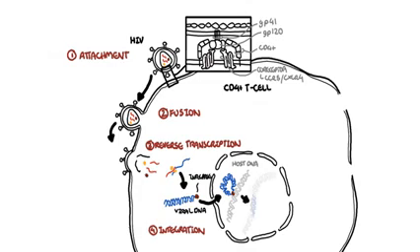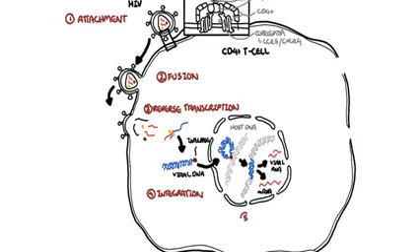The HIV virus is now part of the cell, essentially the CD4 T cell, and can use the cell's own machinery to create more of its genetic material and more of its structures in order to make more HIV viruses.